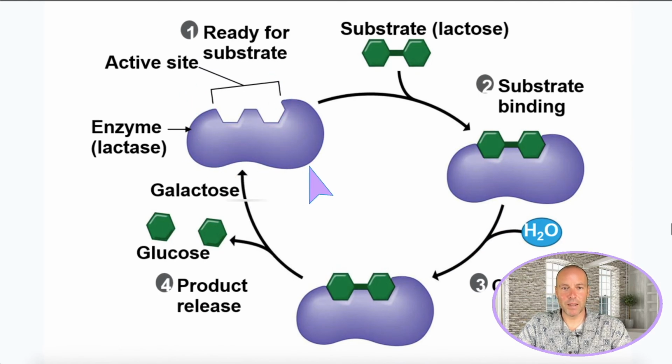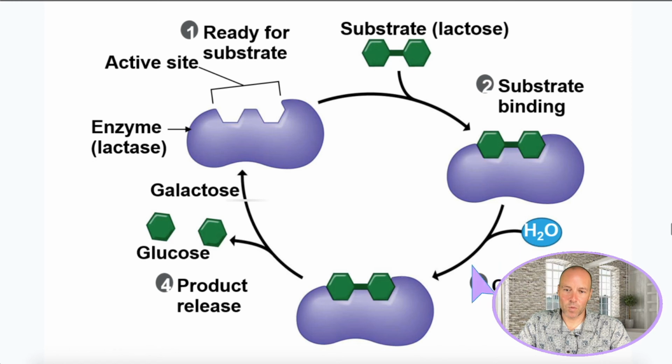Here's another picture of how it might happen. At the beginning, you have your enzyme molecule and your lactose molecule. It attaches to the enzyme in the active site of the enzyme, and then through the vibrational motions of the enzyme, the reaction can occur.